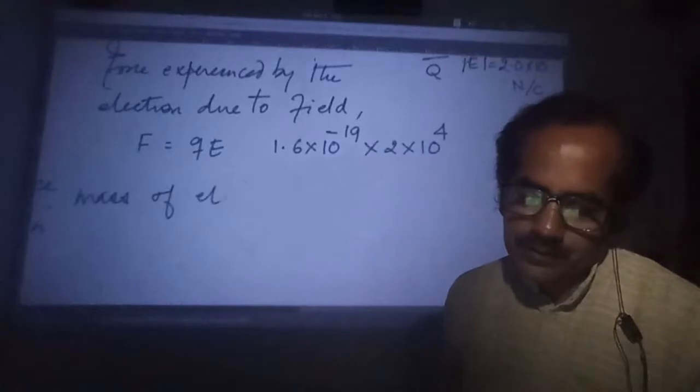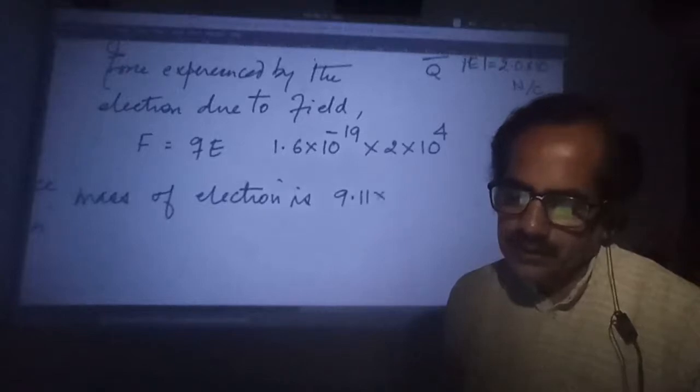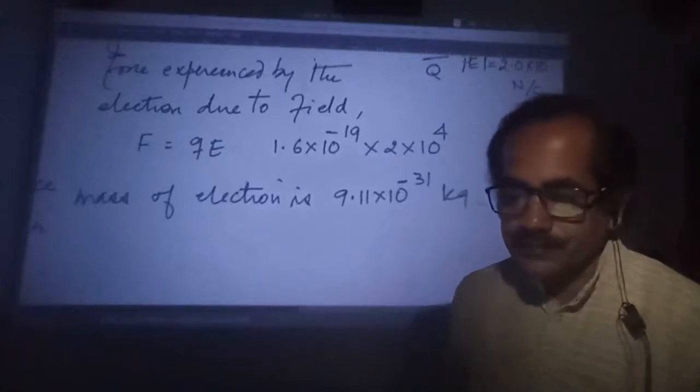Mass of electron is 9.11 into 10 to the power minus 31 kilogram.